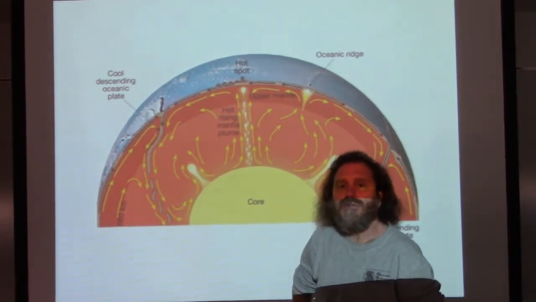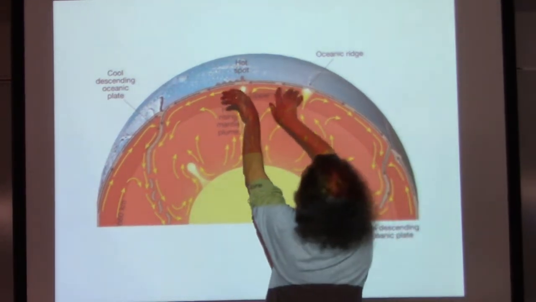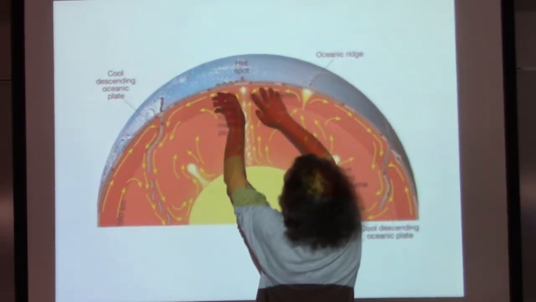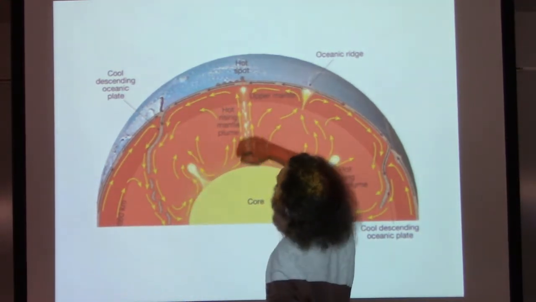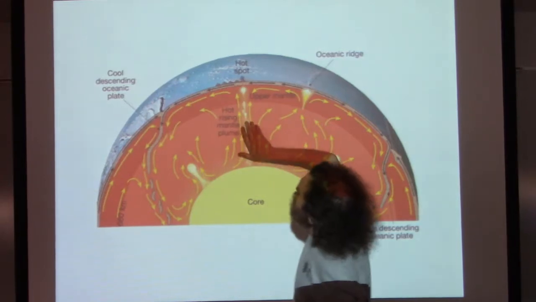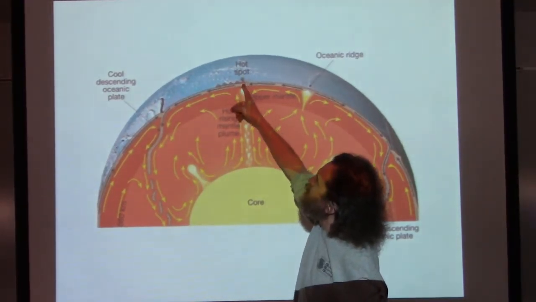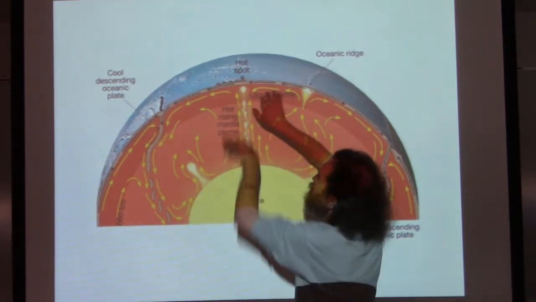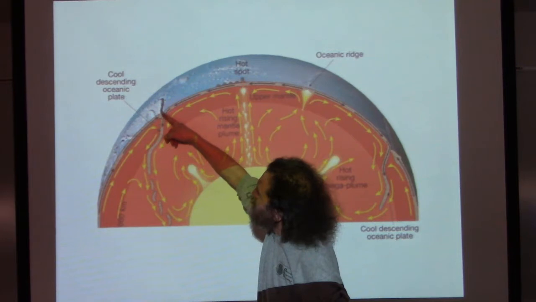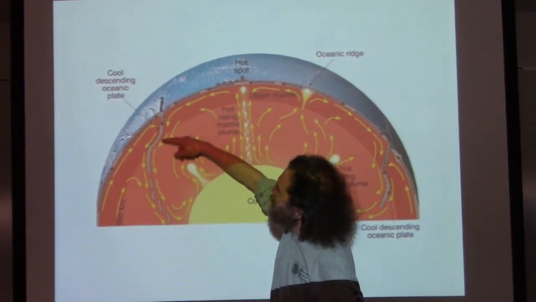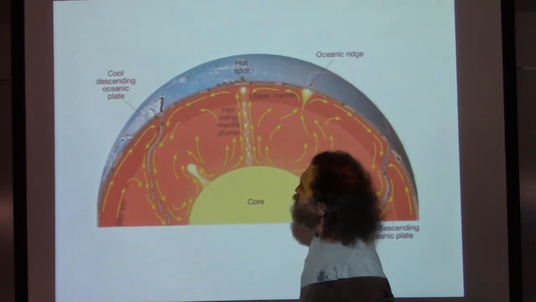This convective motion is what causes plate tectonics. This motion of the mantle material moves the tectonic plates laterally, and where there's convective motion upward, the new tectonic material is forming here and moving outward, and then the tectonic plates are subducting under each other and melting back into the mantle.